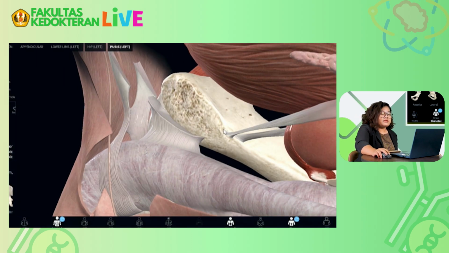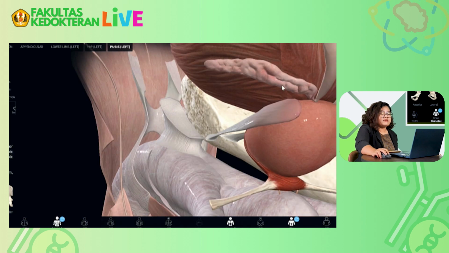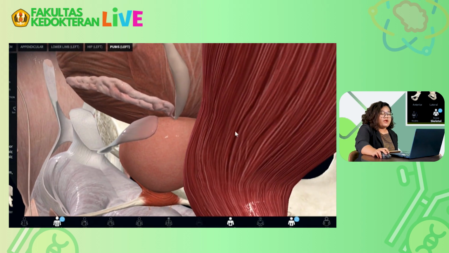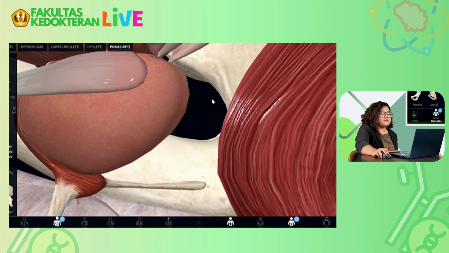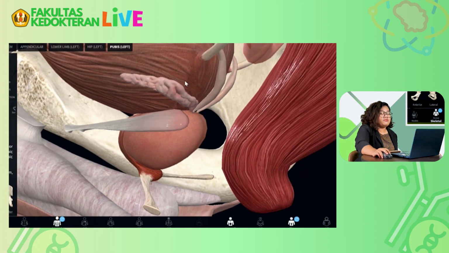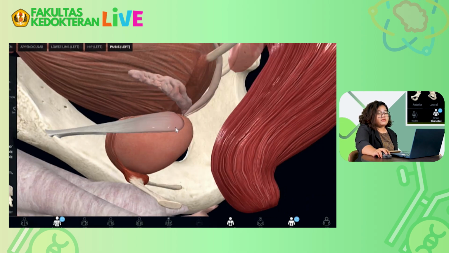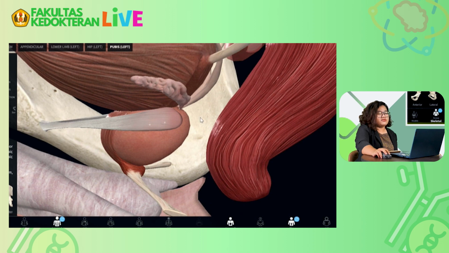Here, we can see the seminal vesicle. We have two. This is the rectum. As I said before, it is located between, anteriorly the vesica urinaria and posteriorly the rectum. It's actually a lot closer, but because this is an animation, it appears very far from each other.